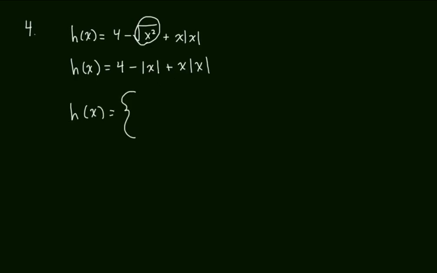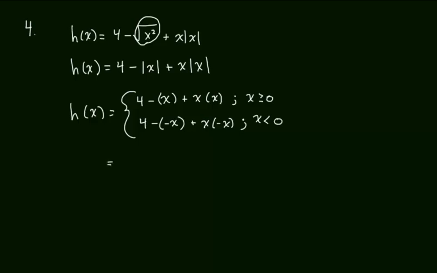Now we have our conditional statement. So it's going to be 4 minus regular x plus x times regular x, provided that regular x is greater than or equal to 0. Then on the bottom, it's going to be 4 minus the opposite of x plus x times the opposite of x, and that's when x is less than 0.